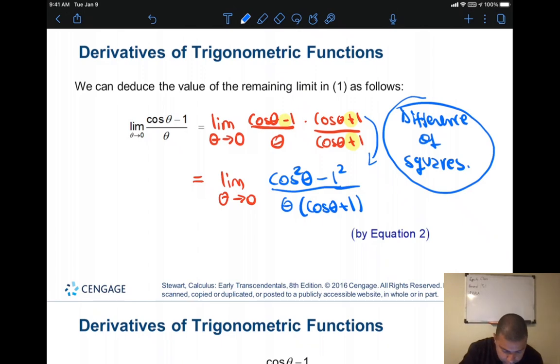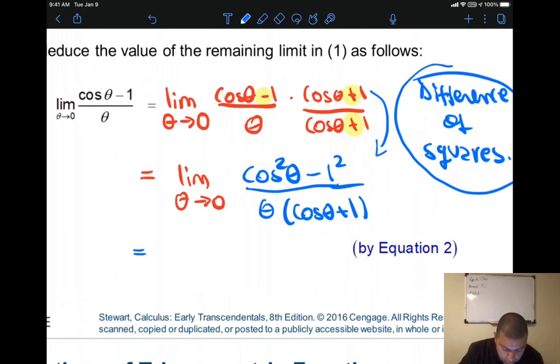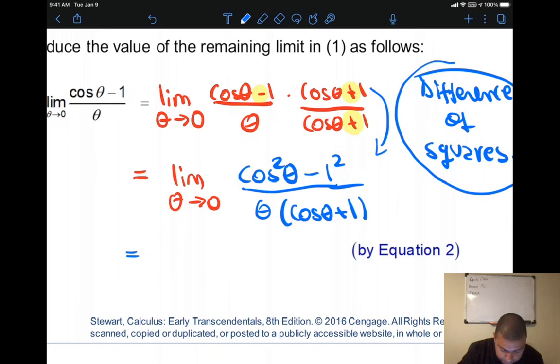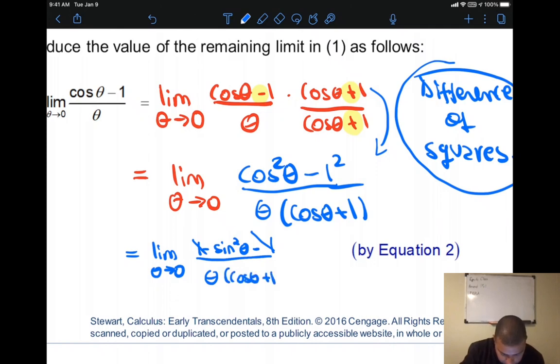The bottom is this. So now you end up with, let me see if I can squeeze the final end of the proof here. Remember, as theta goes to 0, cosine squared minus 1 is minus sine squared. So this is what I wanted to make happen. This is cosine theta plus 1.